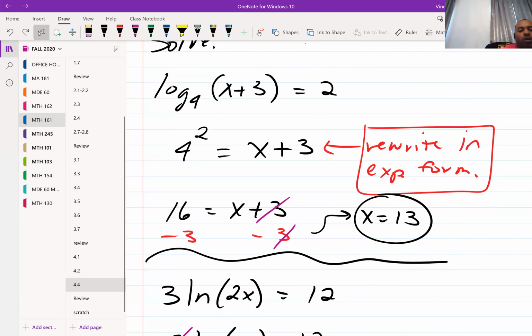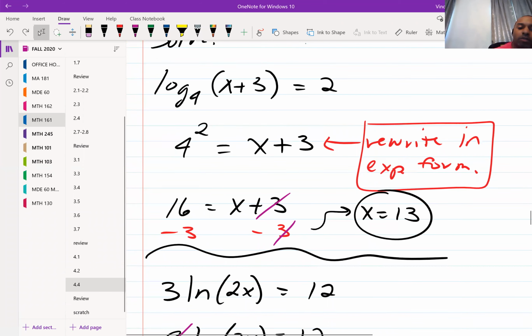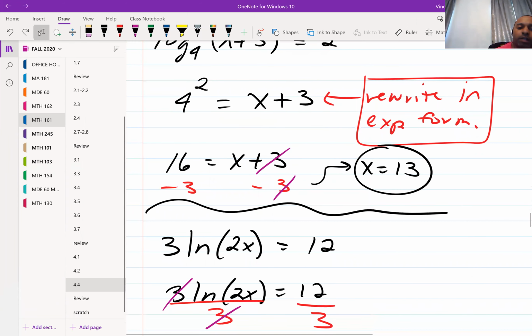3 natural log of 2x equal to 16. All right, so first let's isolate that natural log.